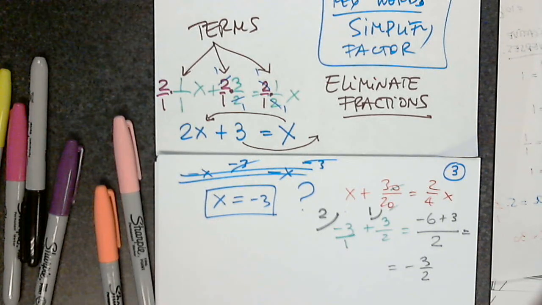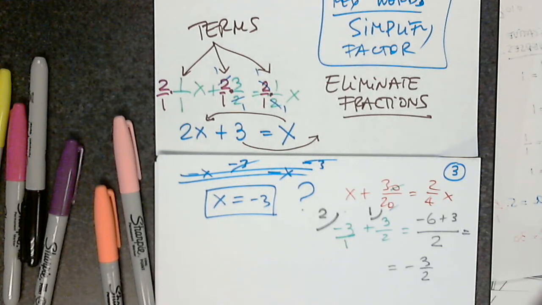We agree? Now I have to check what? If the other side, when I plug in -3, becomes what? Say it again. -3/2. Exactly. Otherwise, -3 doesn't work, right?